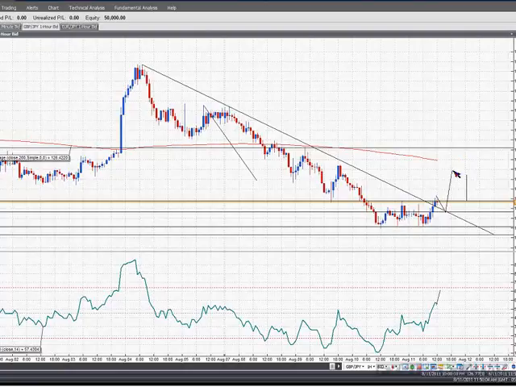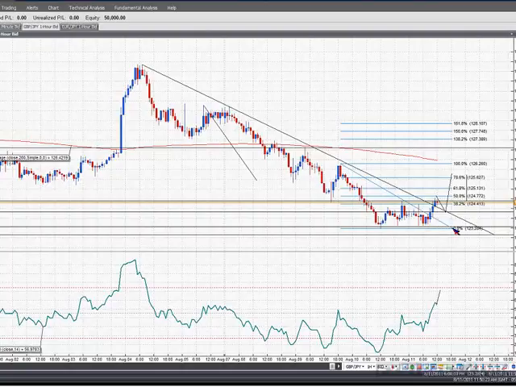Right, so my maximum target for this breakout would be 127. More conservatively, it would be 125.75 area. Okay, let's take a look at Fibonacci retracement here. Okay, 125, even 125.60, 78.6% retracement.